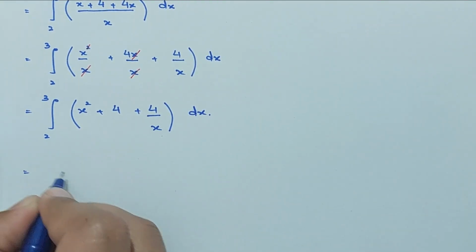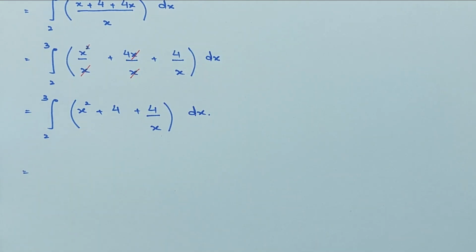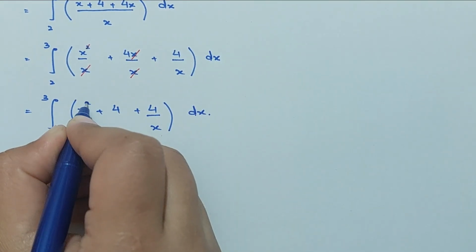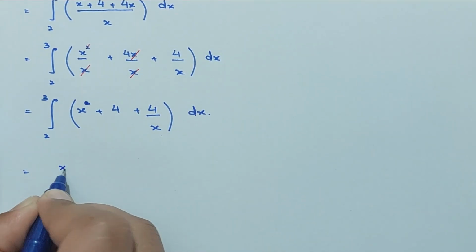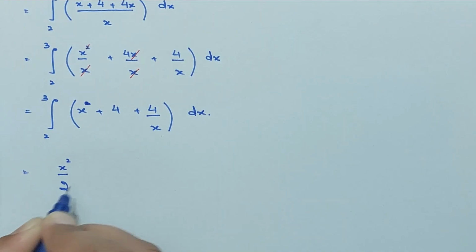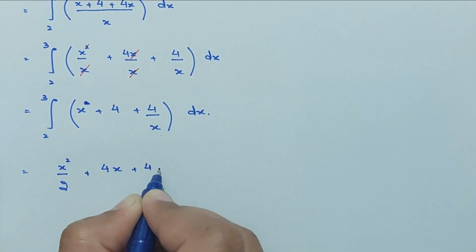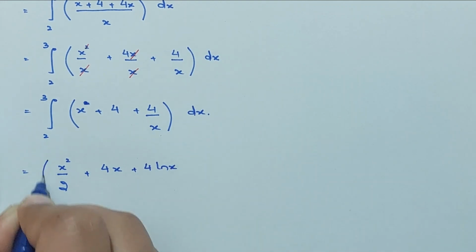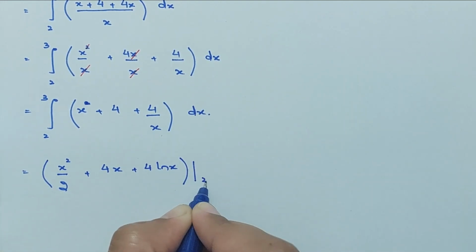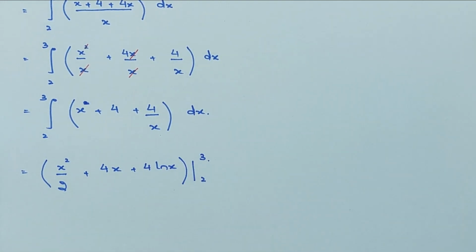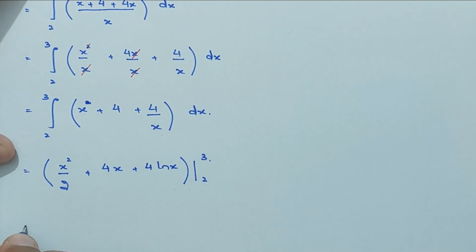So the integration of x squared, sorry, it's not a square, it's just x. The integration of x is x to the power 2 divided by 2, plus 4x, plus 4, and the integration of 1 over x is ln x, from 2 to 3. Now let's apply the upper and the lower limits. The upper limit is 3, so 3 squared is 9 by 2, plus 4 times 3 is 12, plus 4 ln 3.